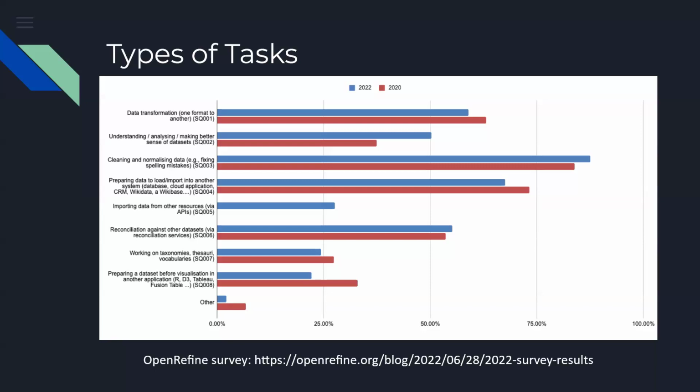Next, you have data transformation. If it's in one type of format, you have to convert it to another format. OpenRefine can do that. And then the fourth biggest one here is reconciliation against other data sets. So it's a question of cleaning up and making sure everything is consistent moving forward.